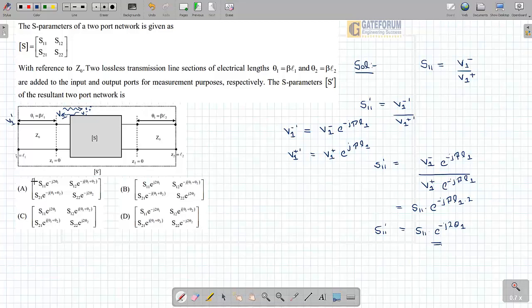So now if you look at the options A and B, one of the choices meets here. Let us find out S12.